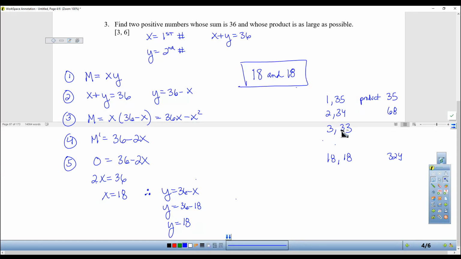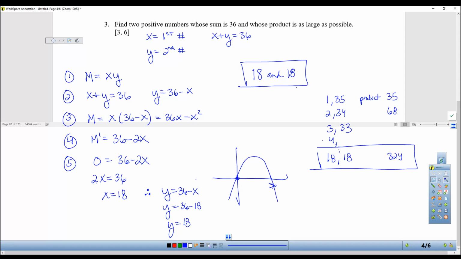Would this work? Could you just go all the way down the chart? Absolutely. But number one, you'd only get a point for it because the rest of the points come from showing correct calculus. But it's just good to understand how this works. This is a negative parabola with zeros here and at 36, right?